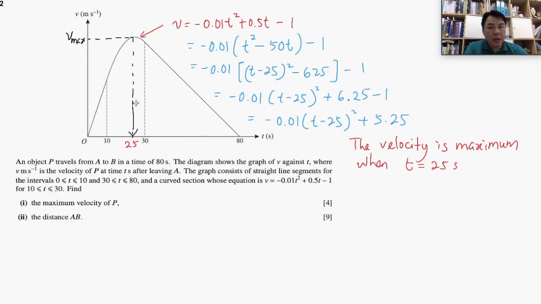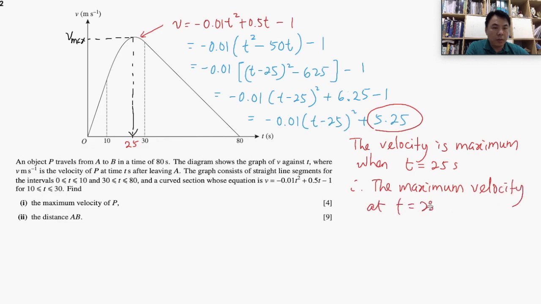But at time t equal to 25 seconds, what would be the maximum velocity? The maximum velocity is given by this value here. Therefore, the maximum velocity at time t equal to 25 seconds is, it's very clear in this case, 5.25 meters per second.